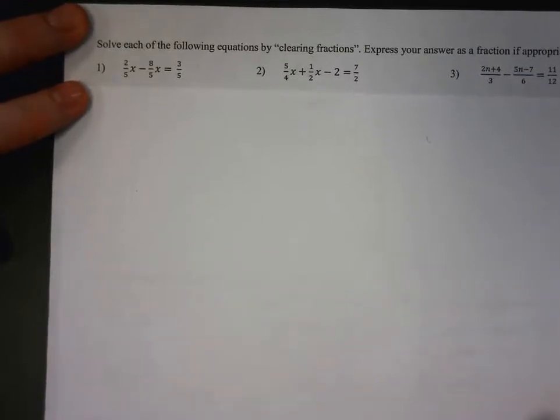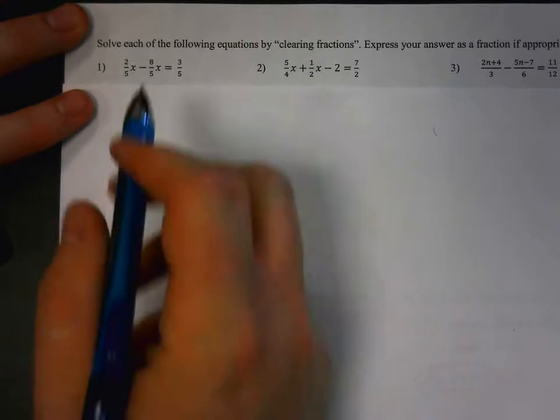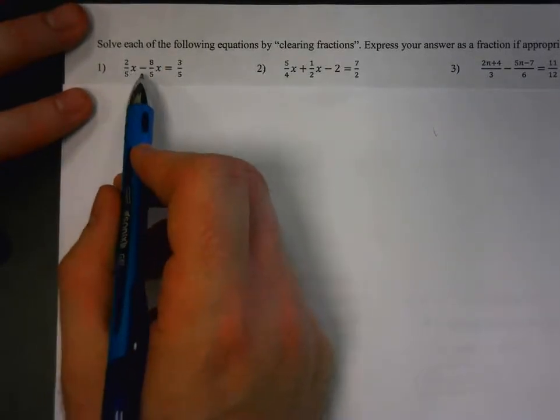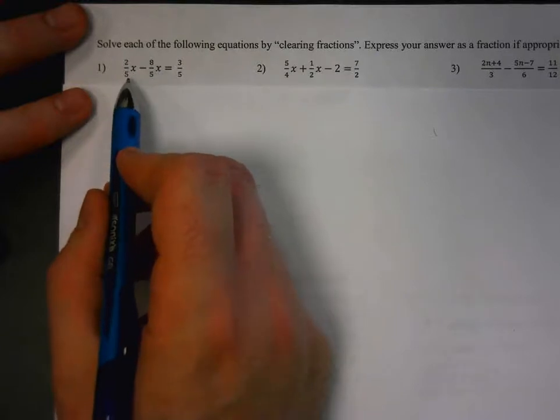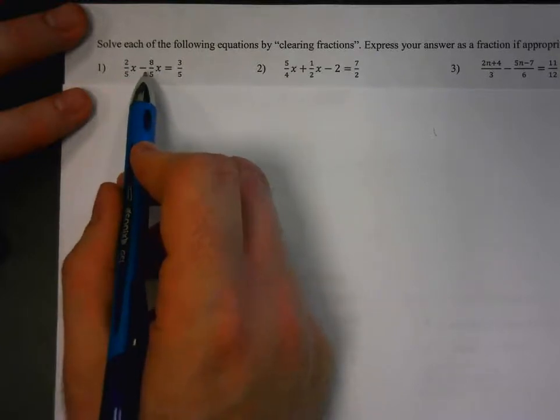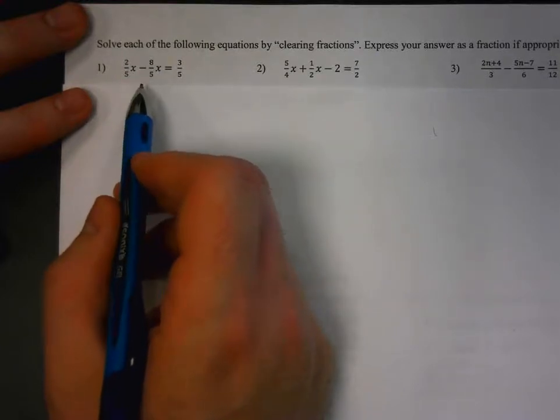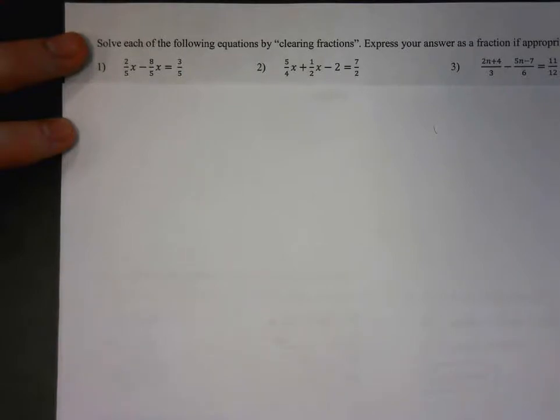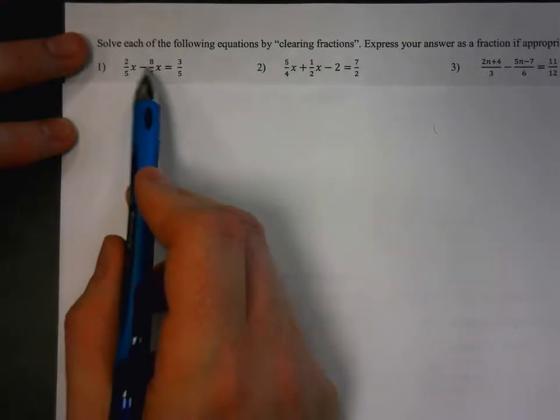Now, one way you would have solved this in the past is to look at combining like terms on the left-hand side. Well, notice how 2/5 x minus 8/5 x, they have a common denominator, which is good. We're subtracting fractions, and remember, the rule with fractions is whenever you're adding or subtracting fractions, you have to have a common denominator. So this one isn't too bad because we already have the common denominator.